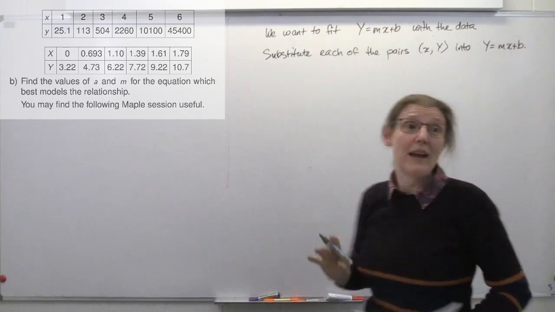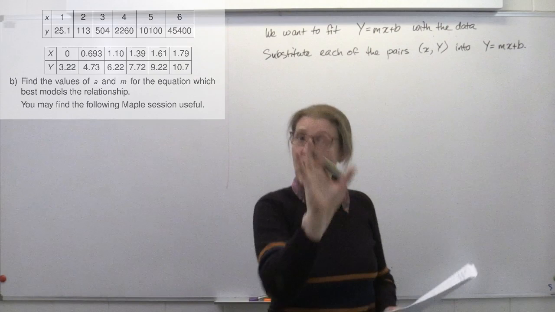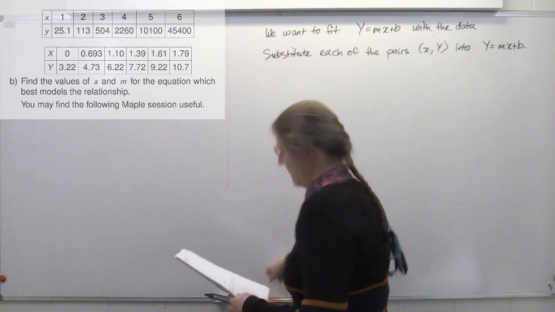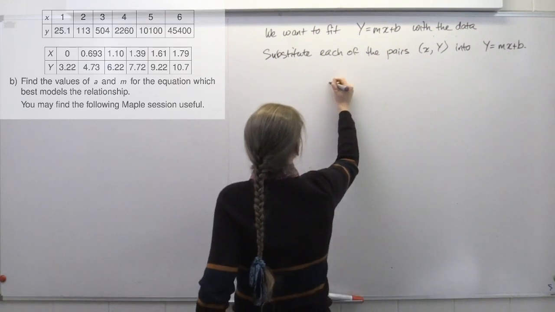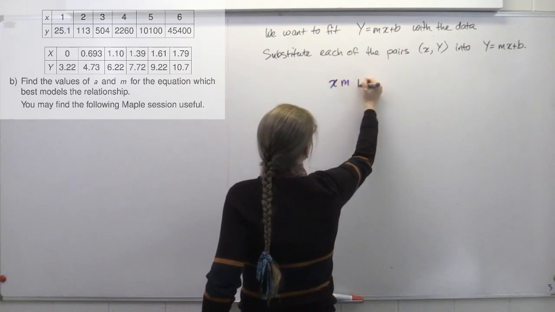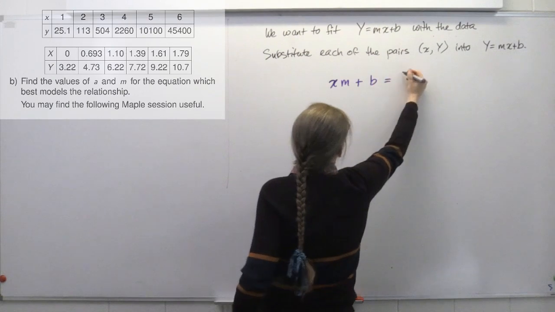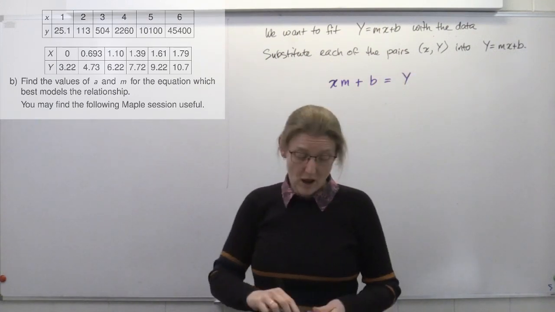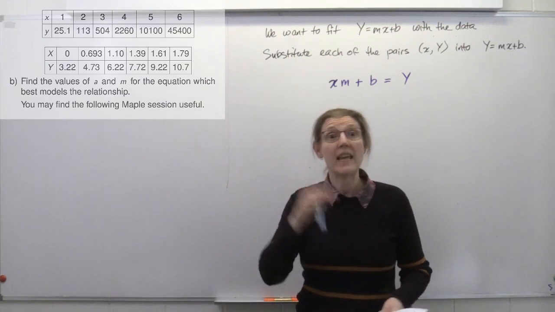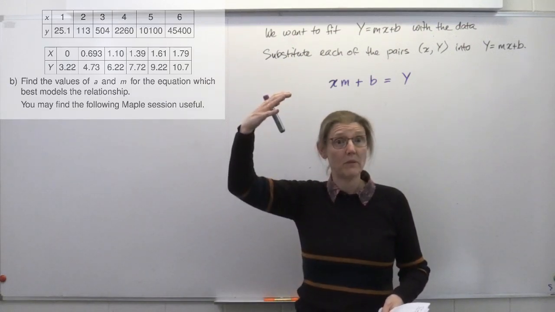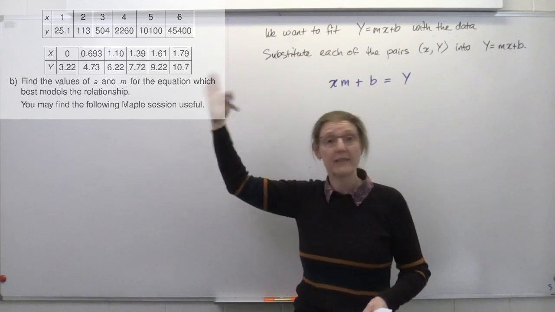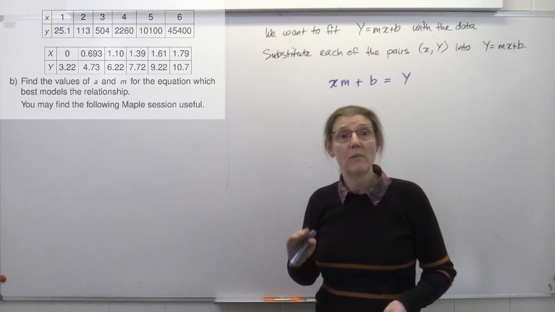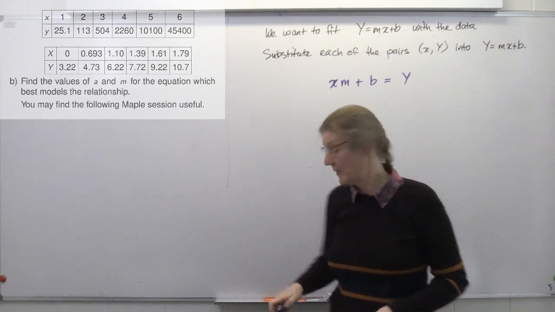I'm going to rewrite this the other way round, as x times m plus b equals Y. And I need to make sure I use the x values from that first table, so 1, 2, 3, 4, 5, 6, but then the capital Y values from that bottom table.